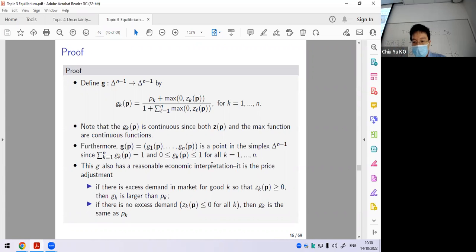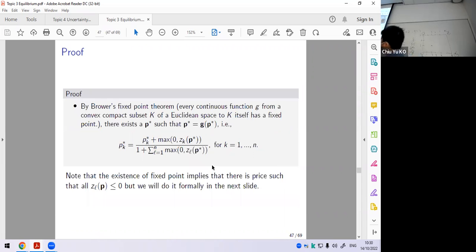And how do we prove there exists such a price? Actually, we rely on the fixed point theorem we mentioned last time. We don't prove it. If you look at the textbook, there are many versions of the fixed point theorem, and that is not easy. It is a result that was not very well known in the early days.